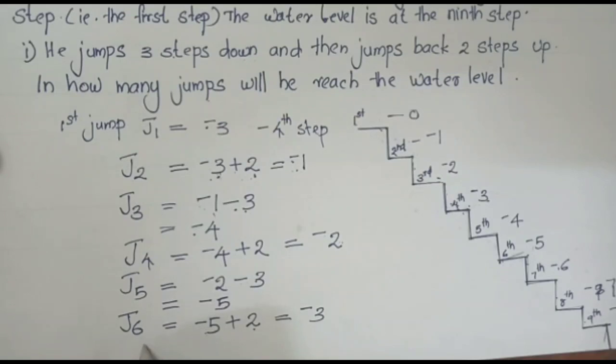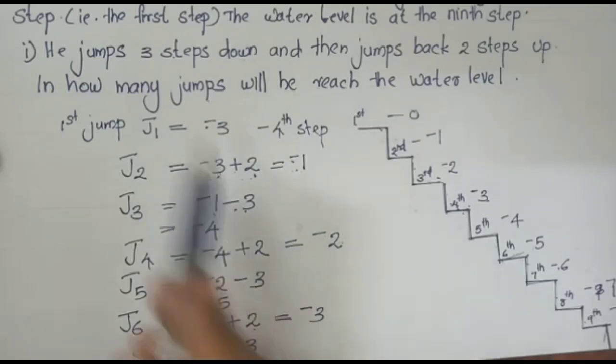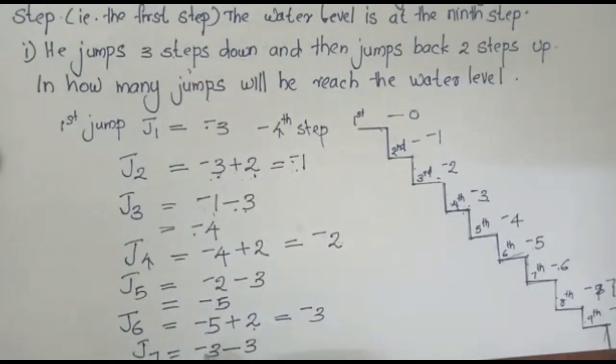And J7 equal to -3 -3. Again 3 steps down. So -3 -3, both of them are negative, so the answer will also have the same sign, negative. And we will take the sum of 3 and 3, which is 6.